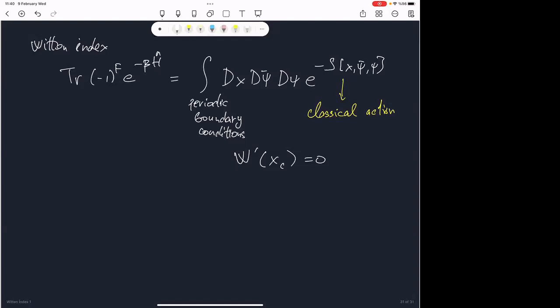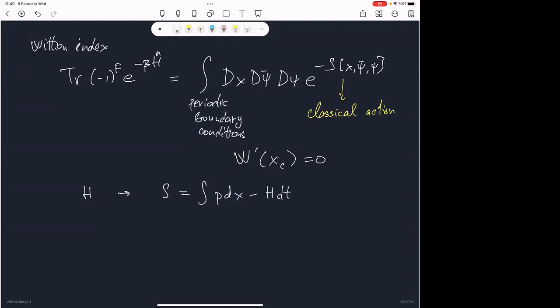So what we do is rewrite our action. You may be familiar with the action from classical mechanics. In terms of the Hamiltonian, the action is just the integral of P dx, the momentum times dx, minus the Hamiltonian dt.